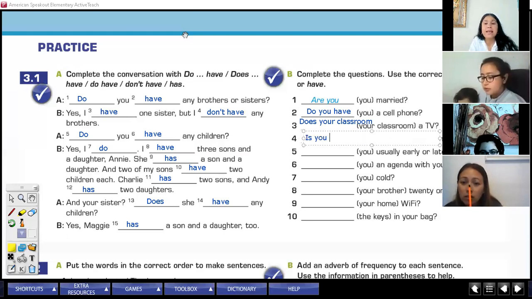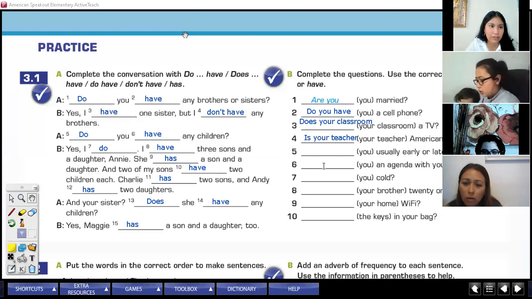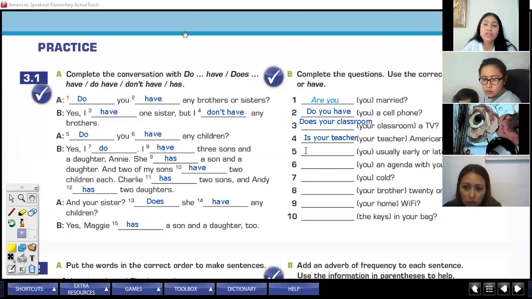Because I cannot mix in one sentence more than one auxiliary verb. Saying does your teacher is American, it is not correct. I have to choose just one. And in this case, the verb to be, because I'm talking about that this person is American. So I'm asking, is your teacher American? Okay, number 5 says, usually early or late for class.